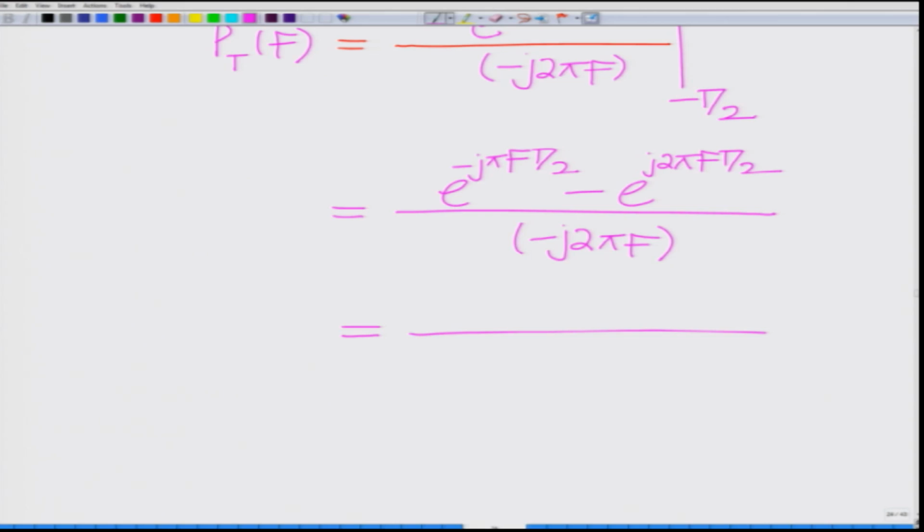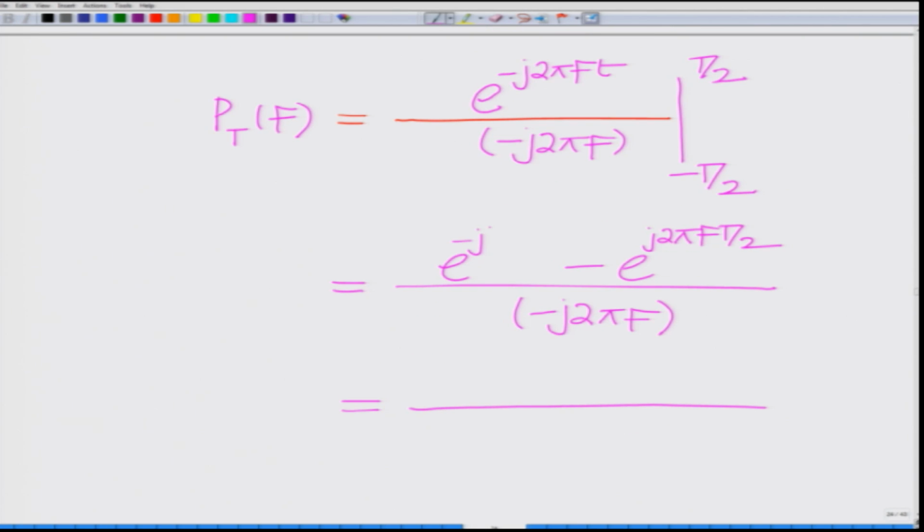So, this is e to the power of, I am sorry, there is a 2 pi missing over here, this is minus j 2 pi f t by 2. So, this will be minus 2j sin 2 pi f t by 2 by minus j 2 pi f.